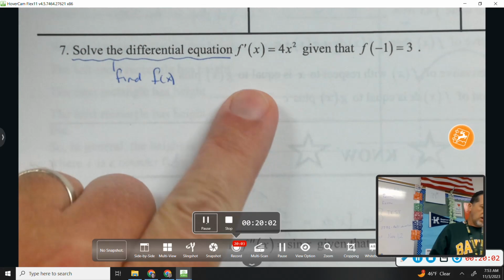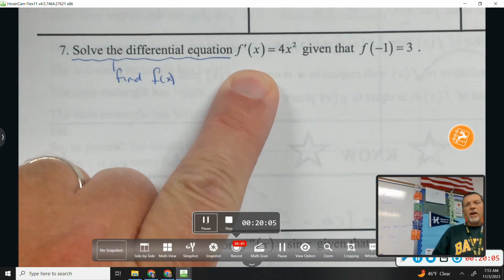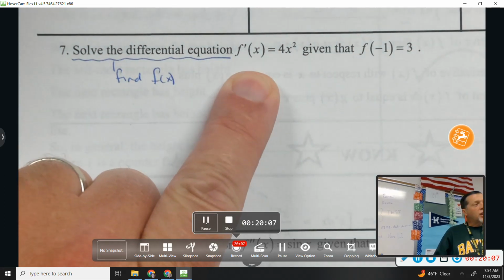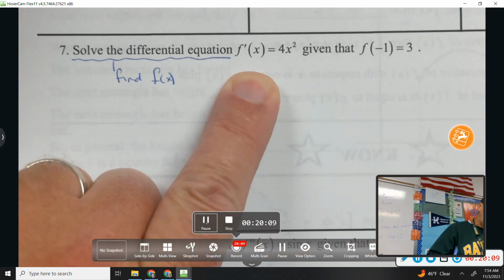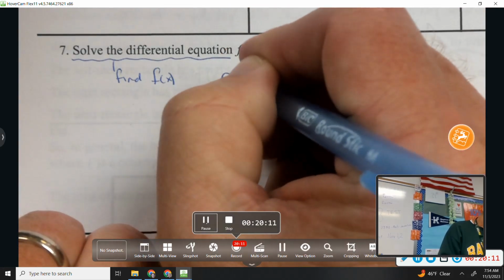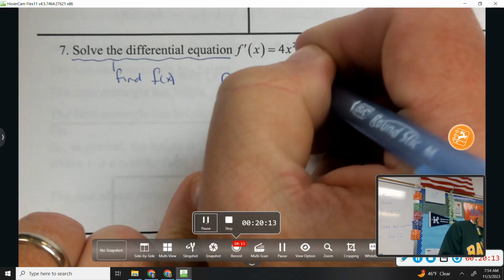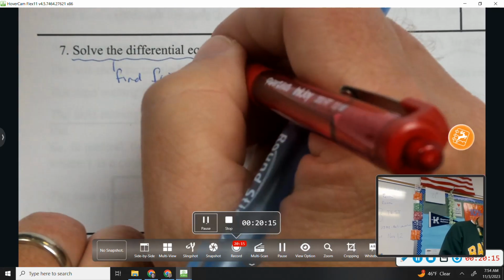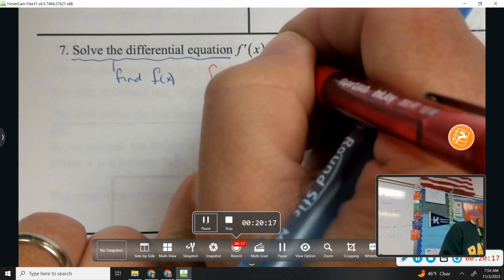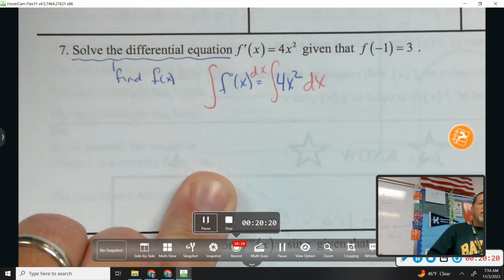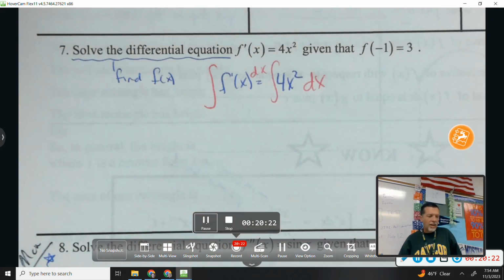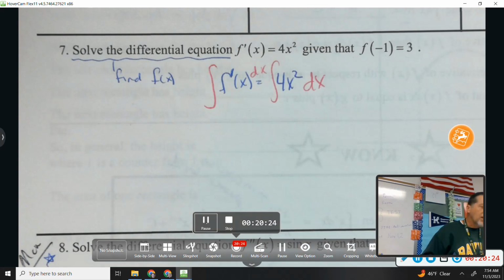So if I want to go backwards from f prime, if I want to undo the prime, then undoing the prime would mean taking an antiderivative. And so just like we can take a derivative of both sides, we can take an antiderivative of both sides. We can underivate both sides. Derivivate, whatever silly word you want to put there.